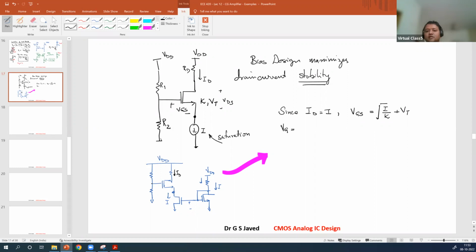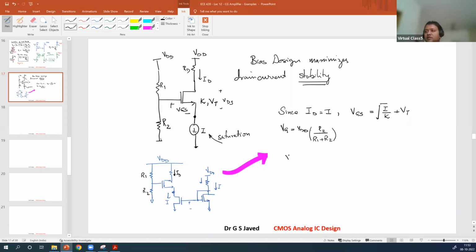Vg. This DC voltage is given as VDD into R2 divided by R1 plus R2. Once we do that, now you get what is the VGS value. You substitute back into this here.